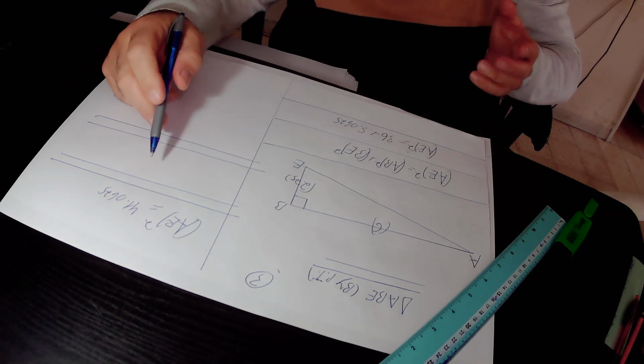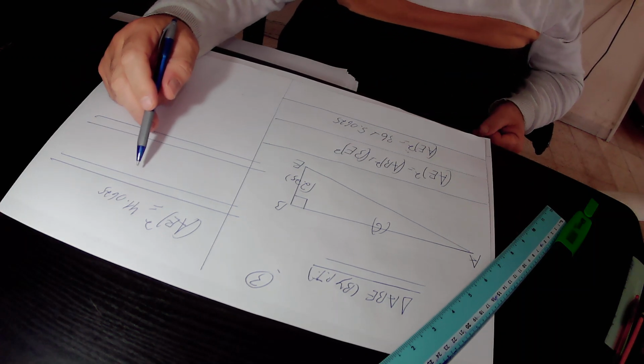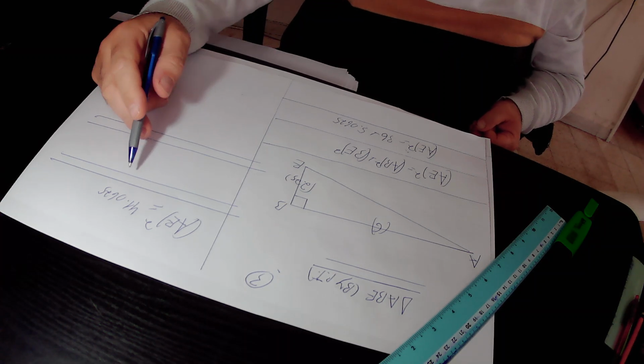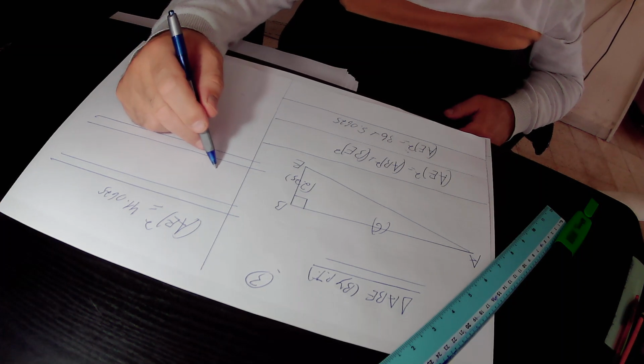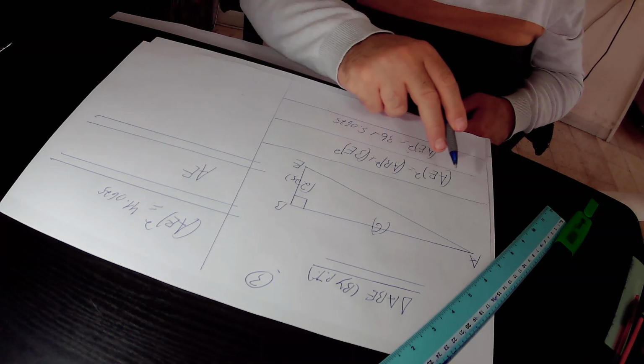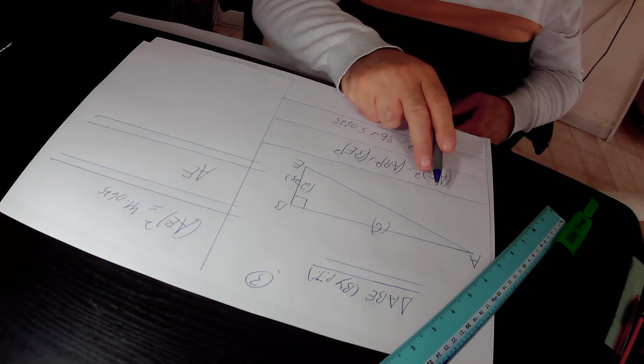So if AE squared equals 41.0625, we take the square root of this equation and finally get the missing line segment AE, which is also the hypotenuse of this triangle ABE.